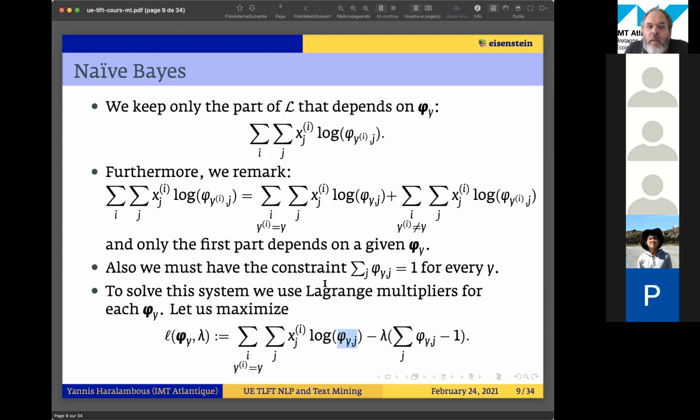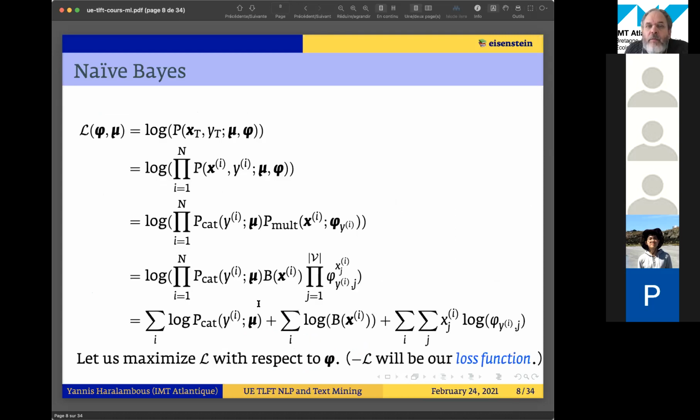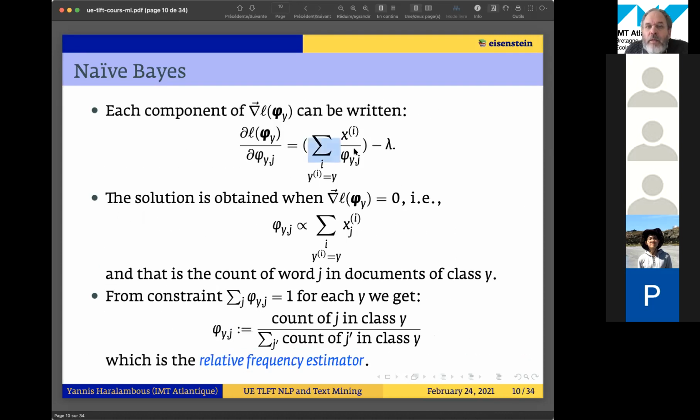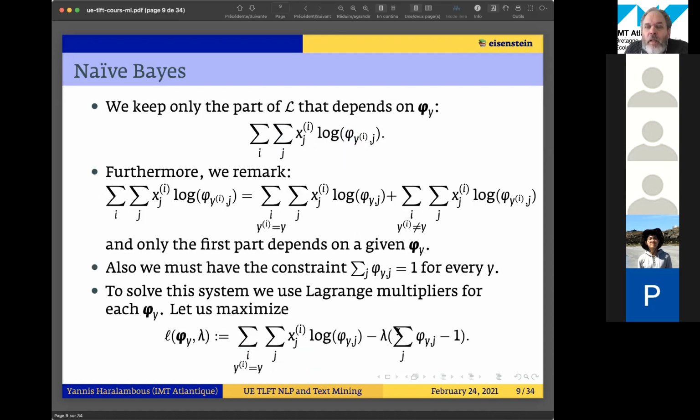And this part, derived with respect to phi y gives me exactly this. You see, you have phi yj in the denominator and the multiplicative factor xi here. And the rest, where here you have just a lambda factor.